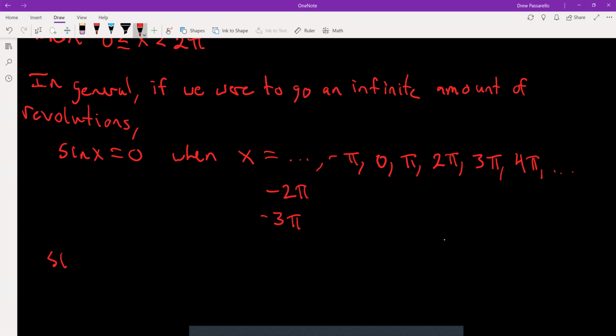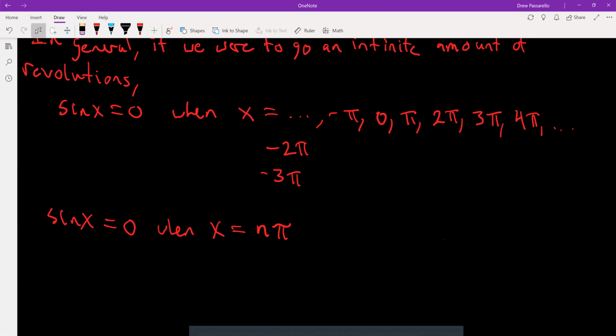So we would say sine of x equals 0 when x equals n times pi, where n is an integer.